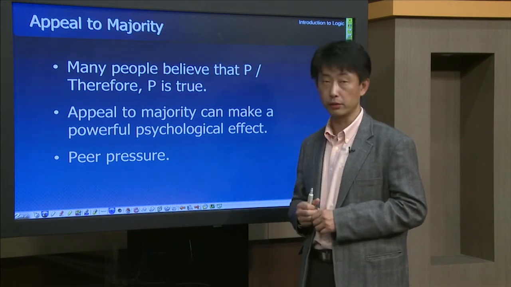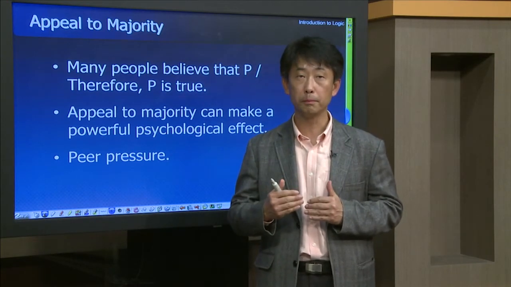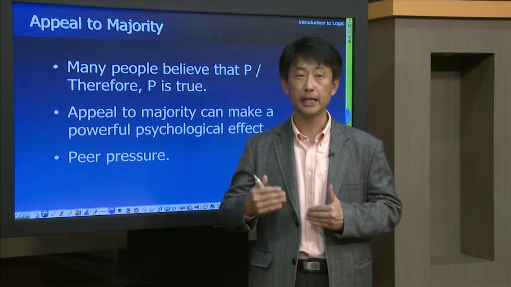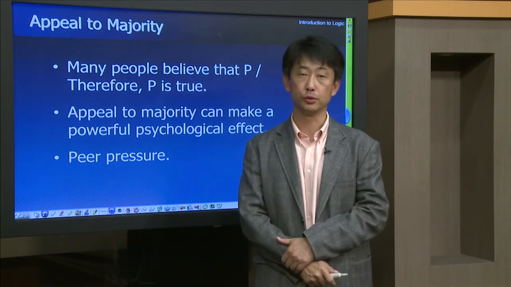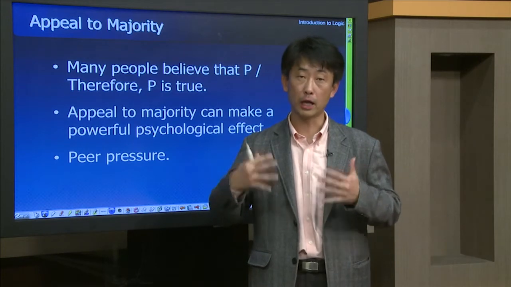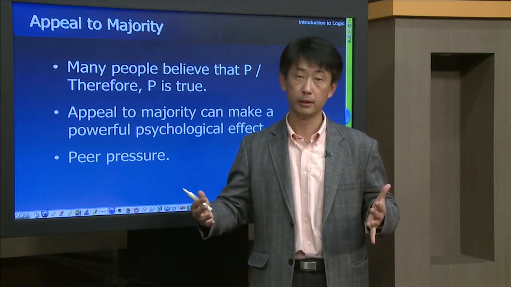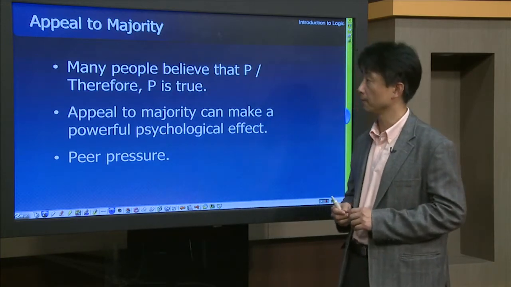For example, peer pressure. Okay? You don't want to have a belief that is so different from everybody else around you. So we tend to believe what most people around us believe. But that's a fallacy, okay? Appeal to majority.